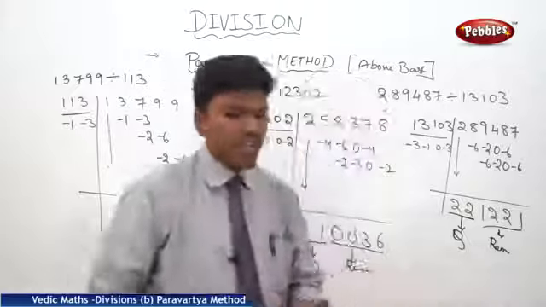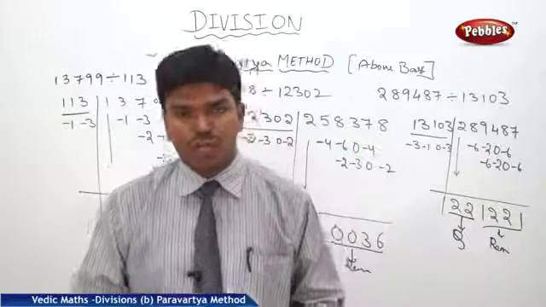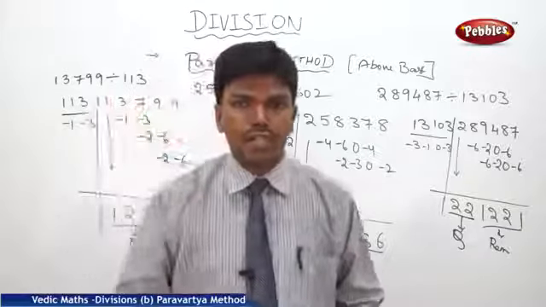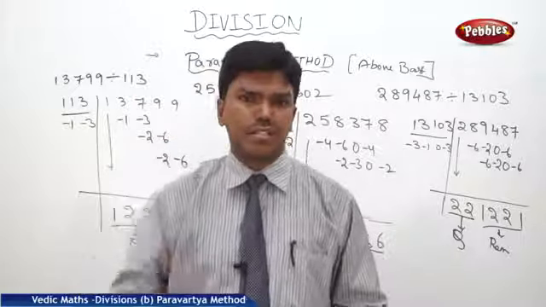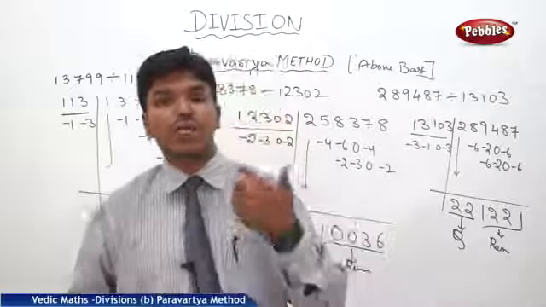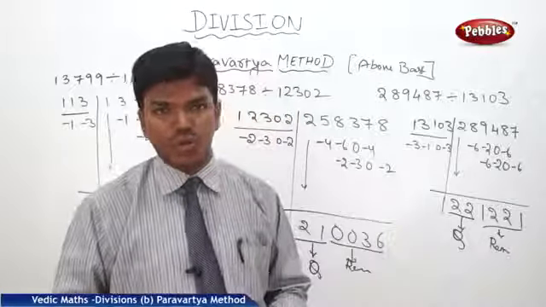So like that we can solve divisions of bigger dividends even with bigger divisors which are just above the base. The numbers which are just above the base. So it is known as Paravarthya Yojayet.